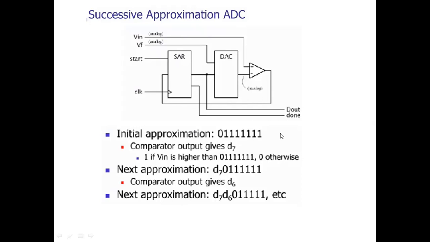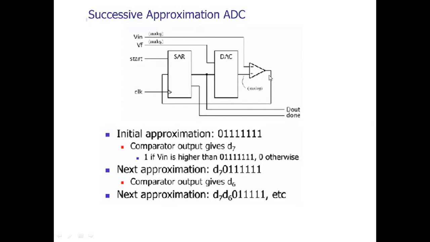This value is entered from the SAR output to the digital to analog converter and to the negative input of the comparator. The comparator will give output 1 if Vin is high, and similarly it will give 0 output if Vin is less.